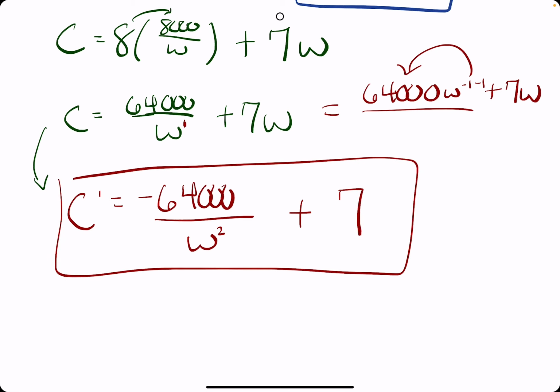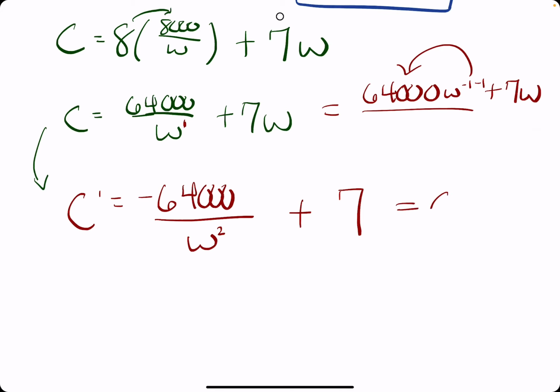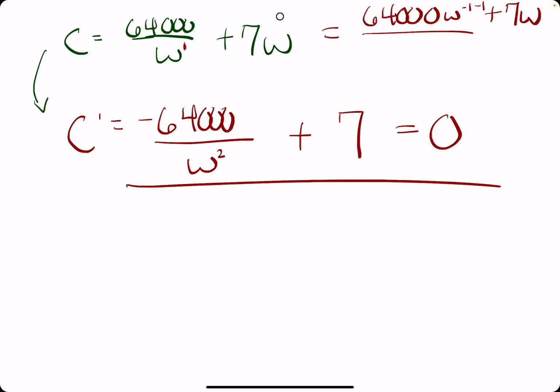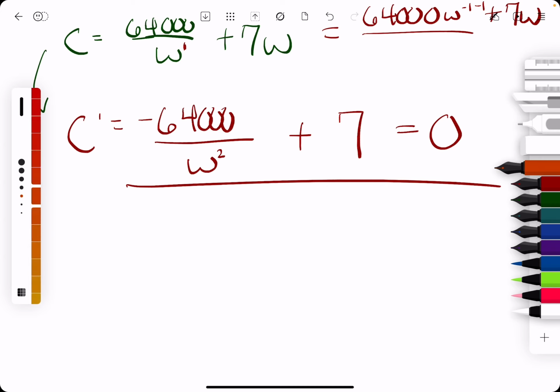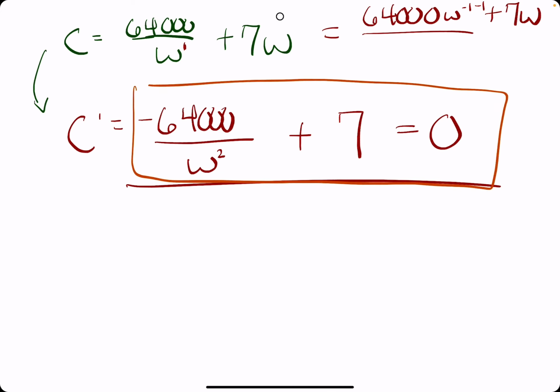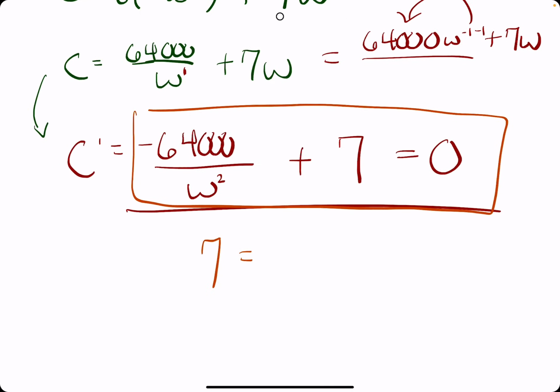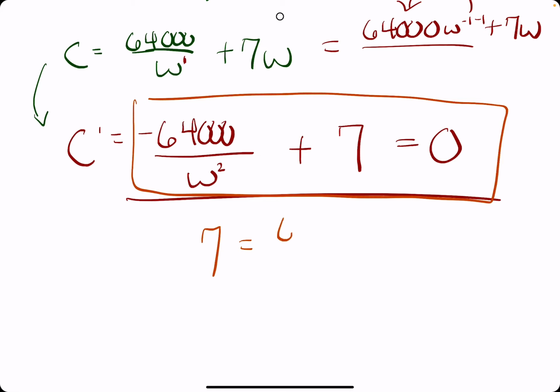Now, anytime we're finding the max or min of something, in this case cost, we find its derivative, and then we don't stop there, but we set it equal to 0. So the goal is to solve this equation for W. We want to get W by itself. So I'll leave 7 on the left side, and I will add this term to the right side: 64,000 over W squared.